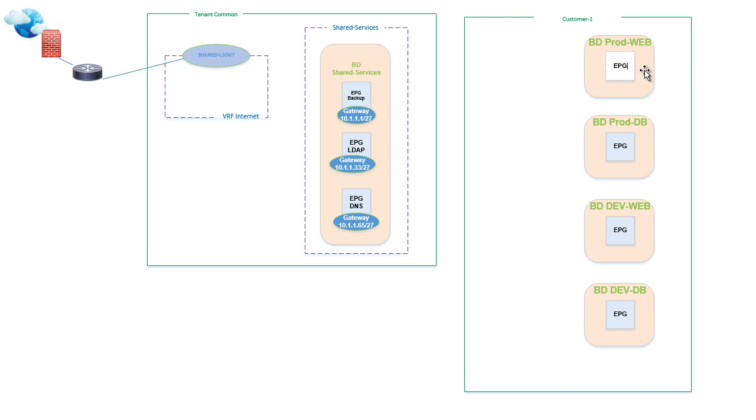As far as the EPGs go, this is going to be prod web. This is going to be prod DB. This is going to be dev web and dev DB. So we have our EPGs, they're inside our bridge domains, and we need to put default gateways.